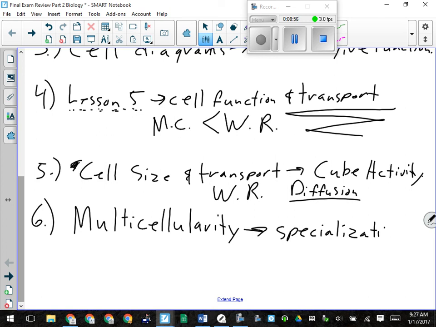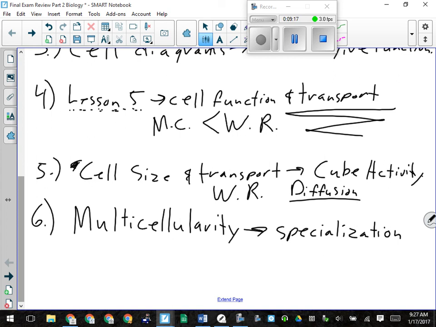That is differentiation of tissue. In a multicellular organism, there will be cells that look different in structure than other cells within that same organism because they have specialized to perform a certain job. In a colony of cooperating cells, the cells are all identical.